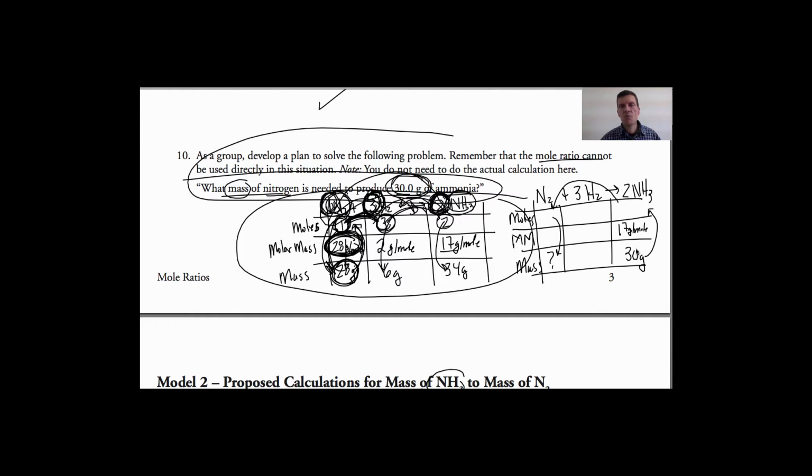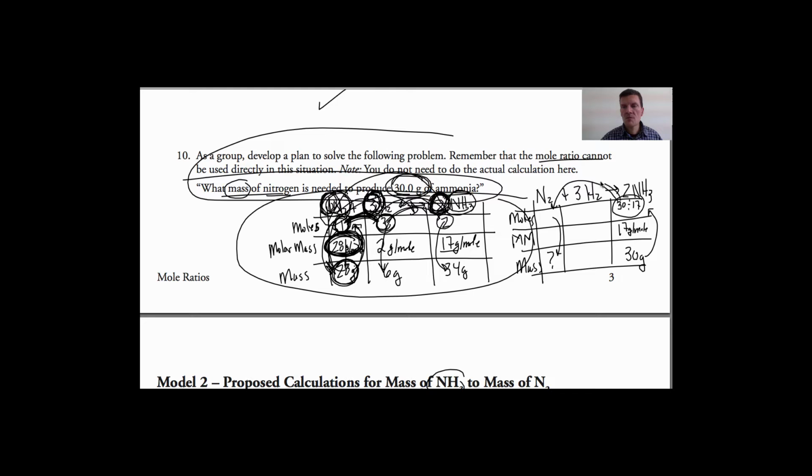If that's the mass for 1 mole and I have 30, I'm going to take 30 and divide by 17. It's almost 2 moles, right? 34 would be 2 moles. So I've got almost 2 moles.